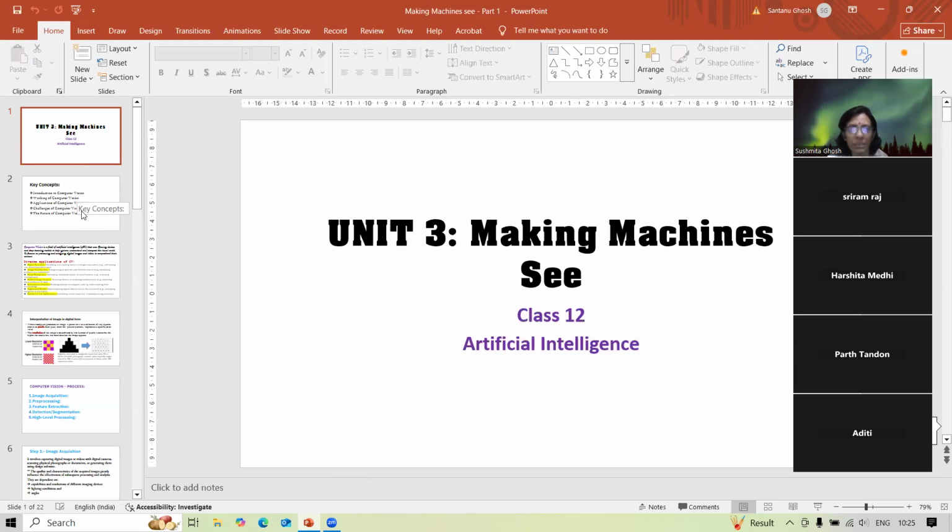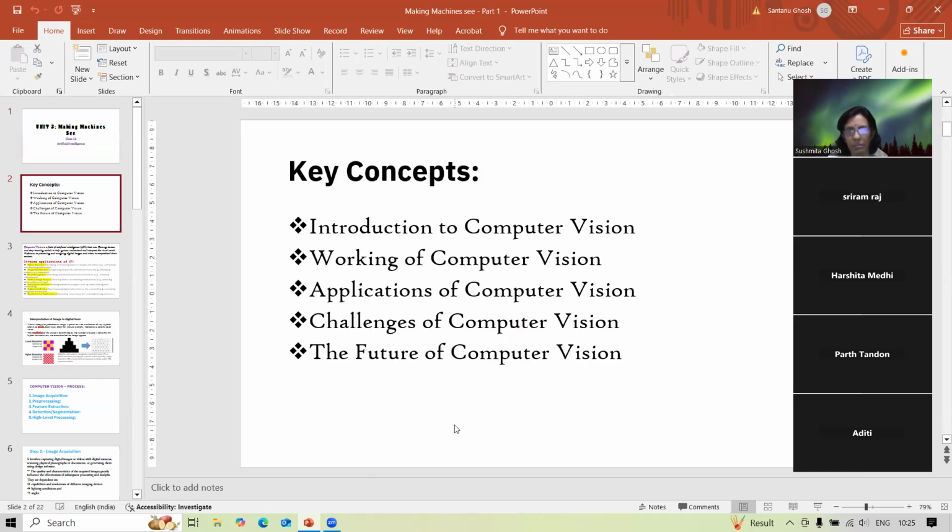So we all understand the basic idea behind computer vision because we have been hearing about these things. A human's vision and his activities regarding the vision is what we are trying to incorporate into a machine also. The way I see things, analyze and learn from them, similarly the machine should also.